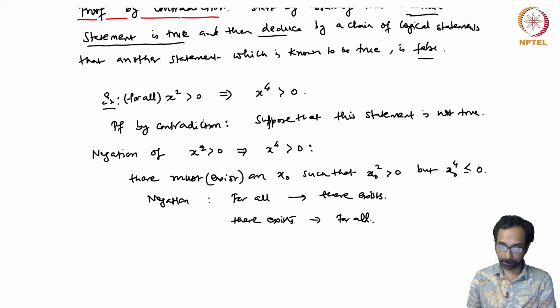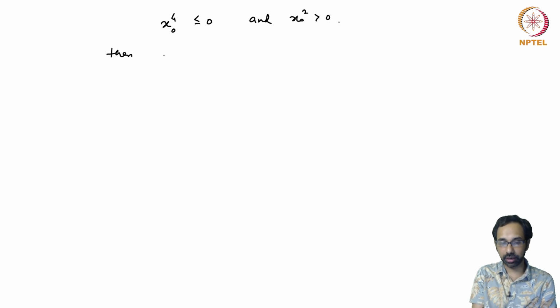So now suppose that there exists an x naught for which x naught square is positive but x naught to the power 4 is less than or equal to 0. So how do we get a contradiction? Because x naught to the power 4 is less than or equal to 0 and x naught square is greater than 0, we can divide on both sides, because x naught square is strictly positive.